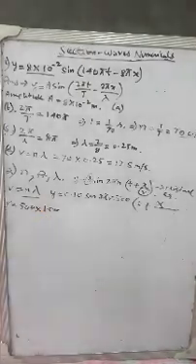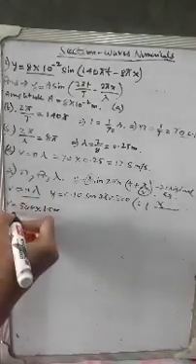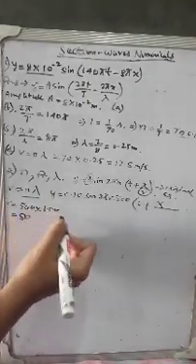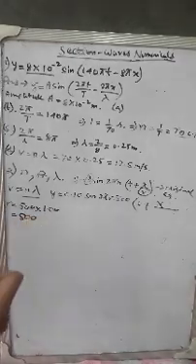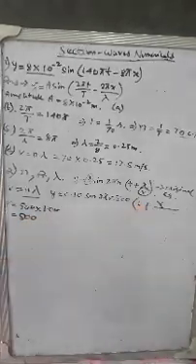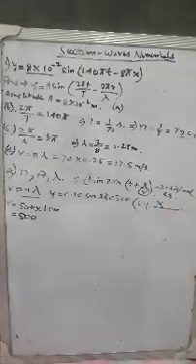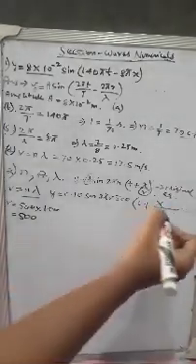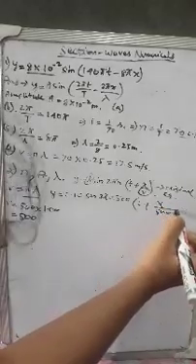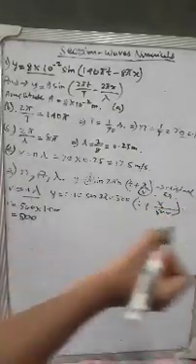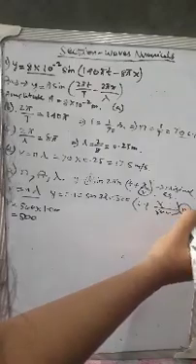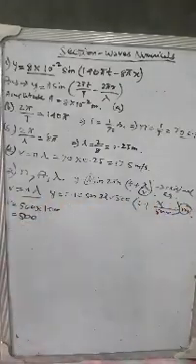So finally we'll get 500, since 500 into 1 means 500. So I'm placing it in my main equation: t plus x by 500. Please don't forget to write the unit meter. Very easy, students.